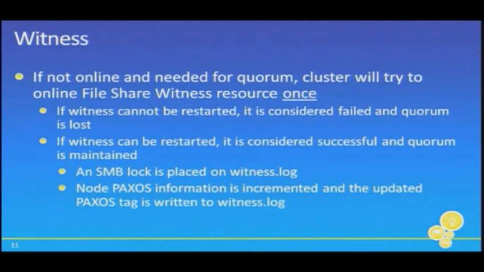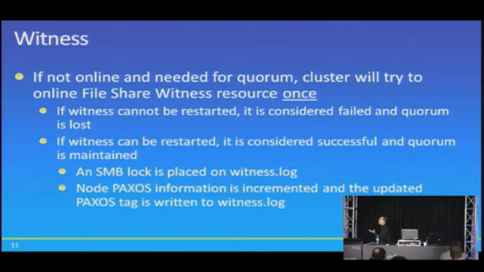Now, if it turns out that the witness resource is not online, but it's needed for quorum, in other words, we've lost potentially a majority of the voters, and now we need to activate the witness to maintain quorum. So here's where the system's going to try one time to bring it online. Okay, if it can bring it online, that's great. Any node that can be in communication with that server can place a server message block lock file on the witness.log file on that witness server, and that's called the locking node.